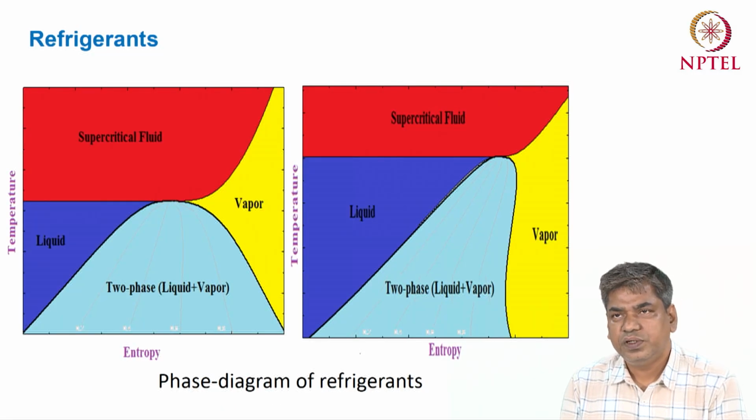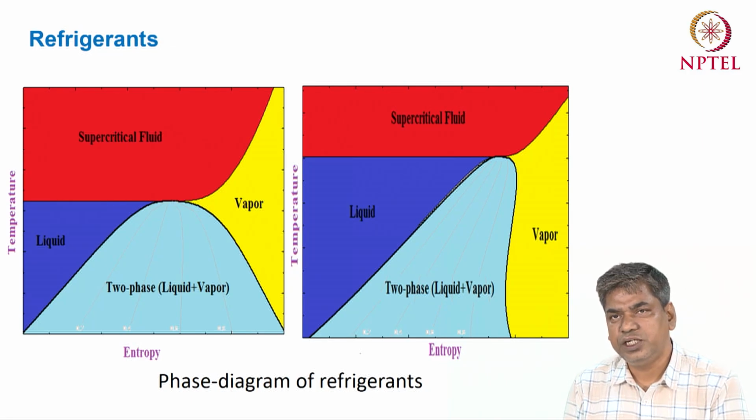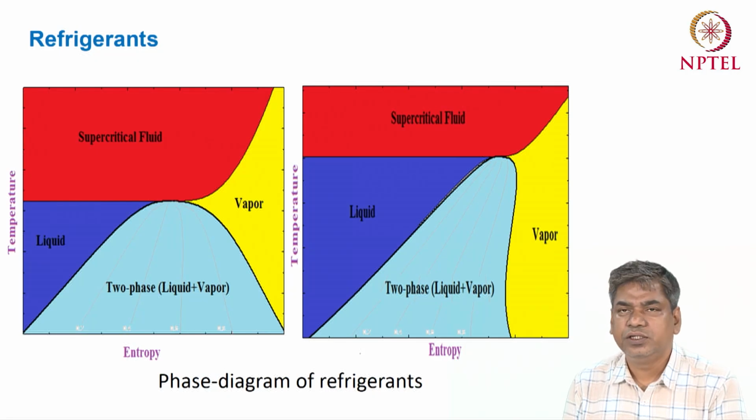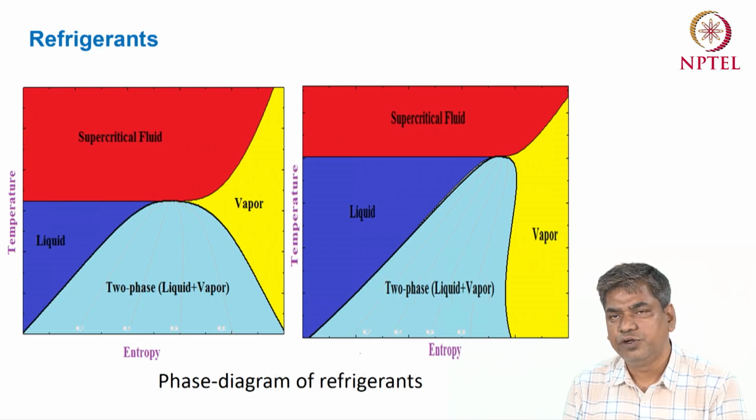Now if we see the temperature entropy diagram for the different refrigerants, we can see two types of behavior of the refrigerant. The liquid saturation line for all the refrigerants is nearly the same, and the slope of this line in a temperature entropy diagram is positive.